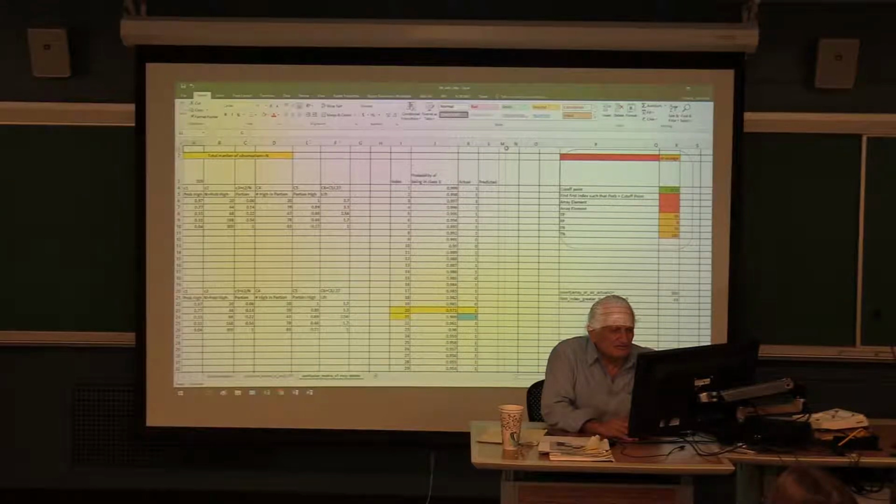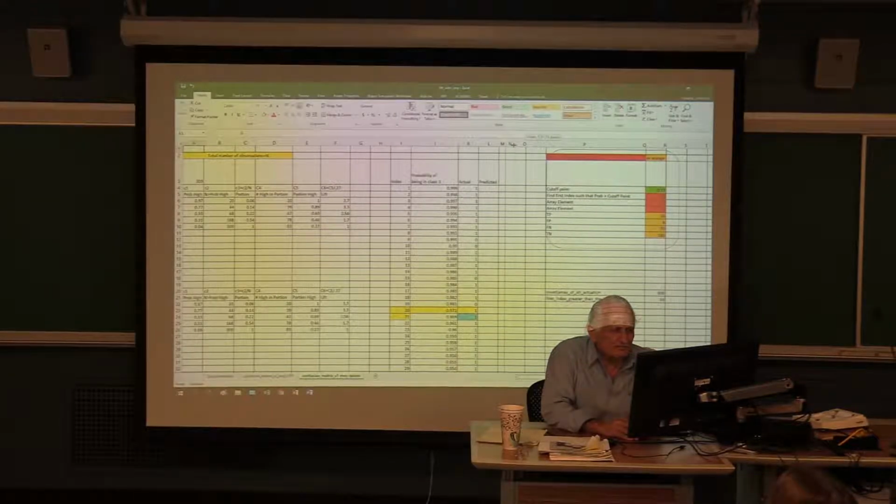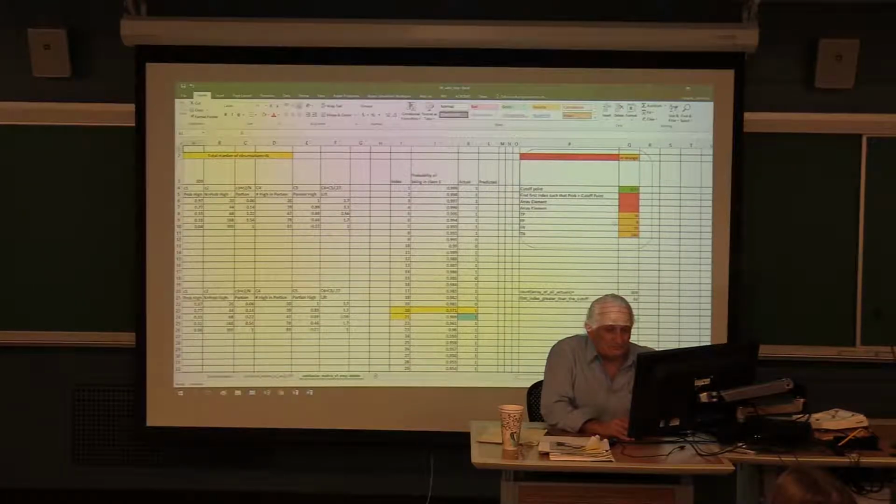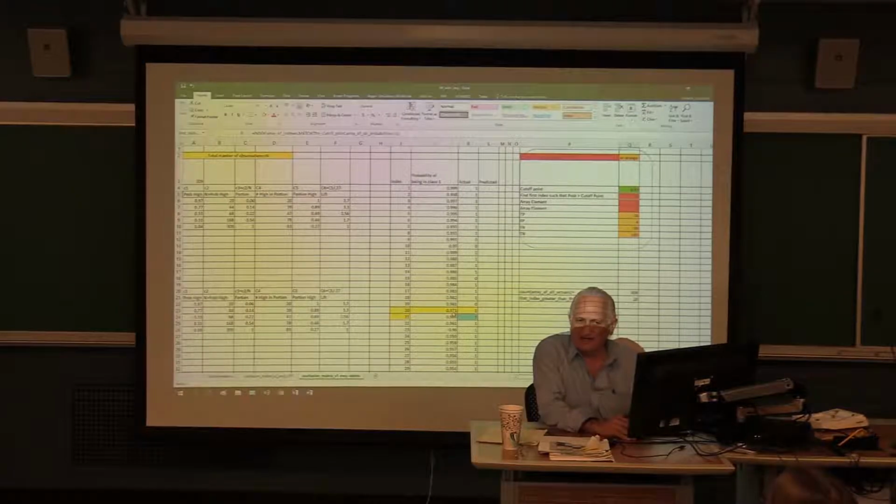All right. So here I will put in the cutoff point, 0.97, meaning, and you see how I highlighted it in yellow, anybody who has been assigned a probability of 0.97 or above will be predicted to be a 1.